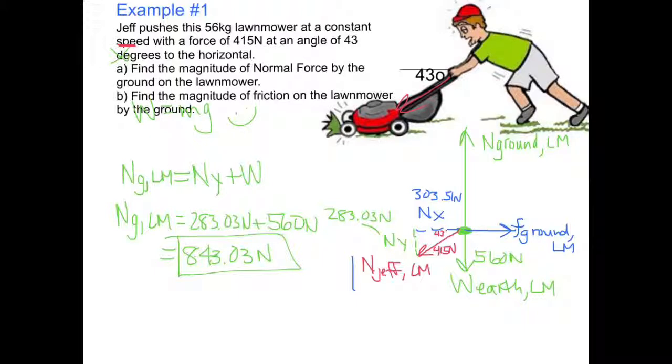So nx has to equal friction, and we know that nx is 303.51 because we solved for it right here. So that is our friction, and we check off part B. So go ahead and fix anything that you had gotten wrong and write any questions you have down, and we'll move on to the next question.